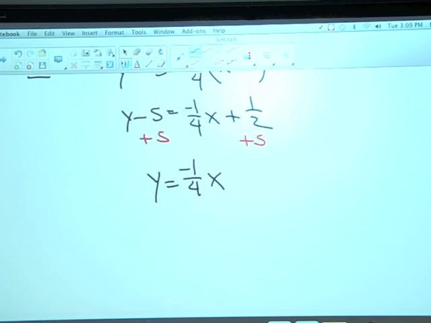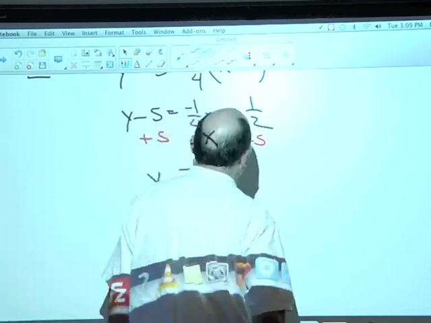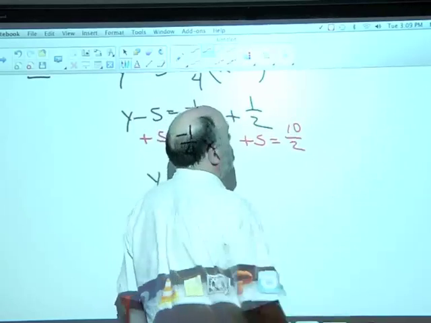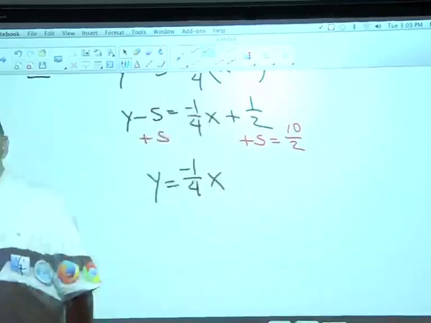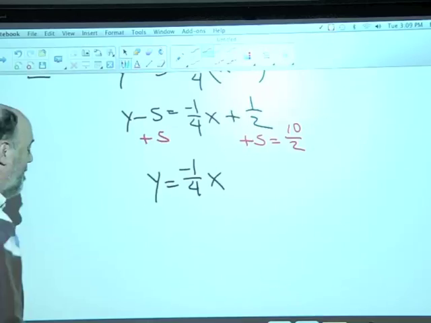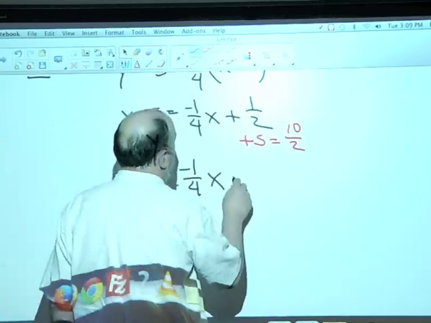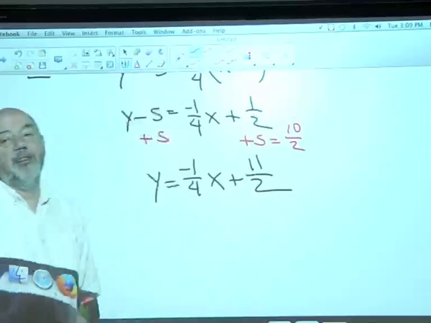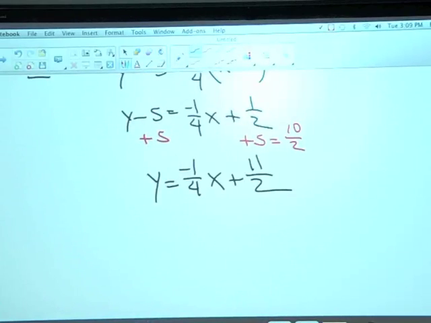So 5 will become 10 over 2. So 1/2 plus 10/2 will be 11/2. Now in the case of this one, yeah, you could write it as 5.5 for that part.